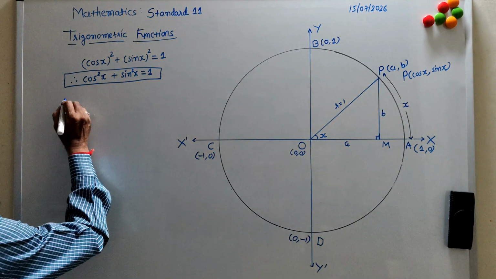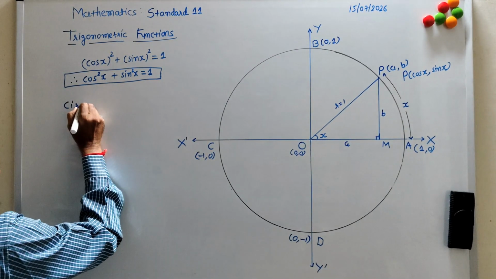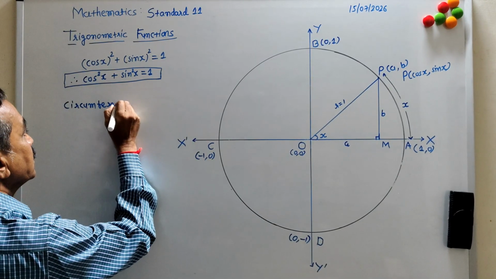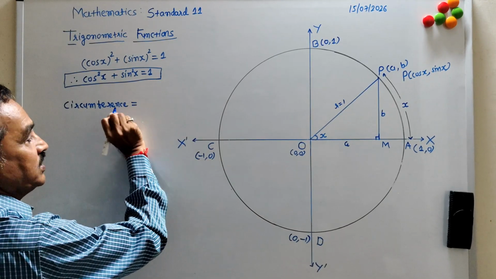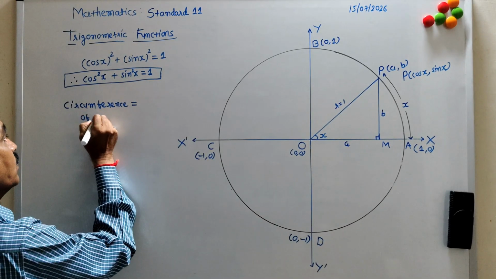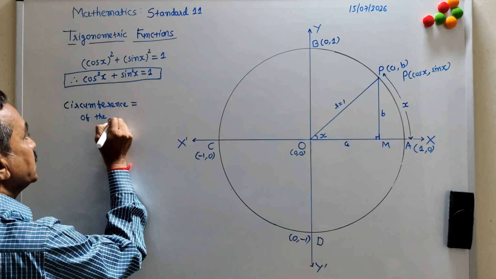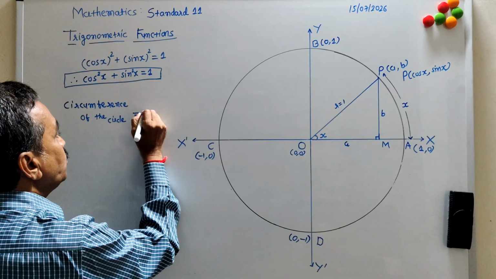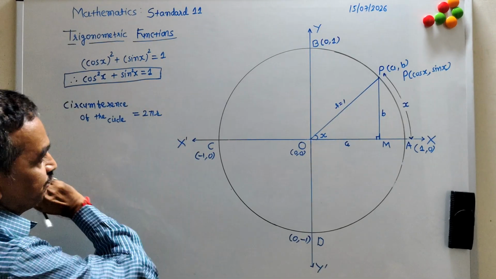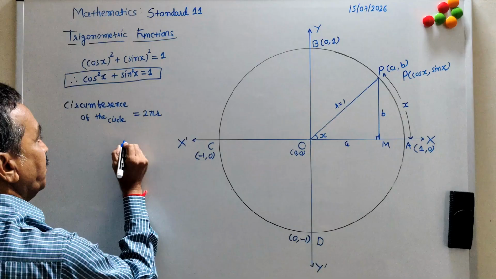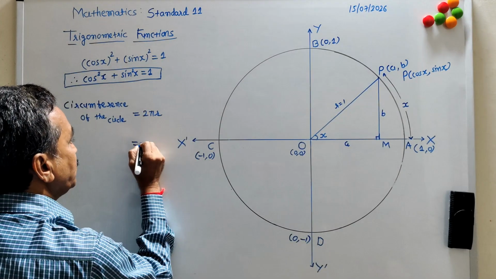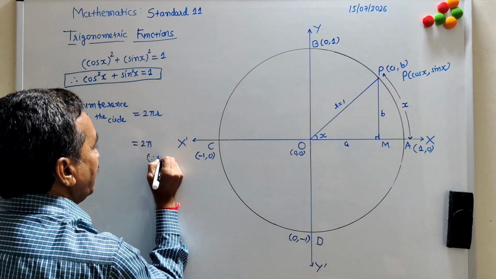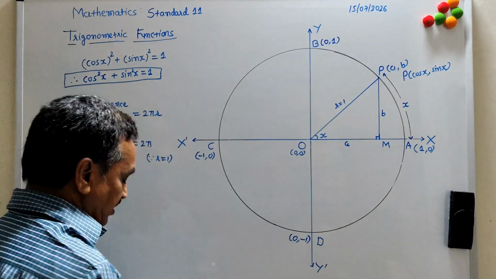What is the circumference of the circle? It is equal to 2 pi r. But here r is equal to 1, so it is equal to 2 pi, because we have taken a unit circle.